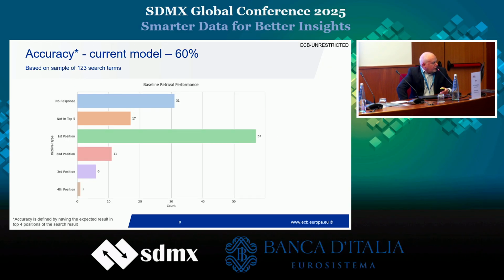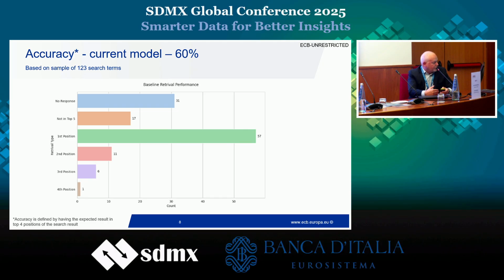The current accuracy for the model we have, before we tried the experiments, was around 60% correct results. It's a very small sample, only 123 search items, but it's just to give an idea of where we were and to make it easier to test the experiments and check their real outcome.